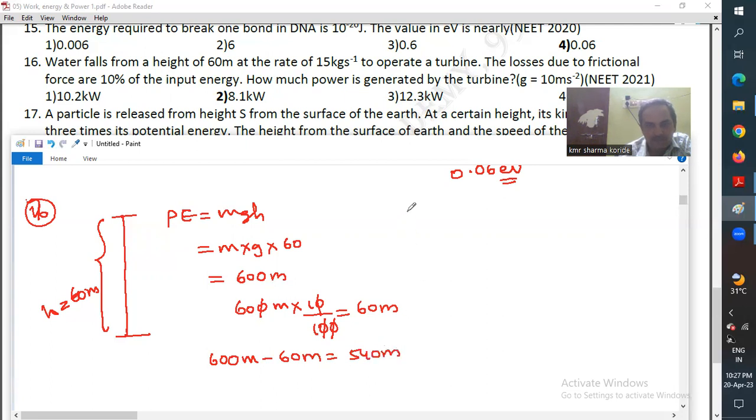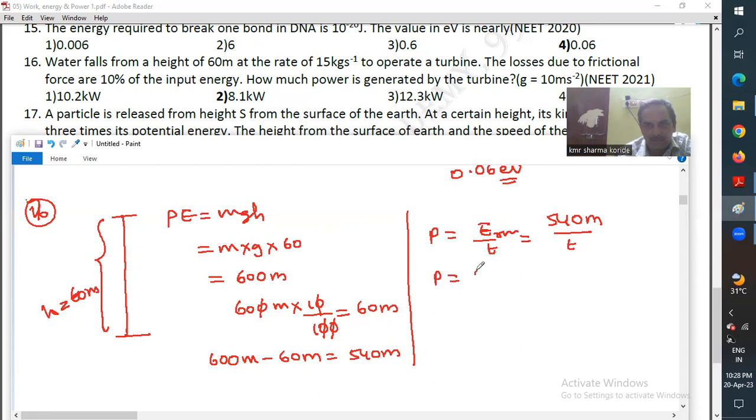Here m is the mass of the body. The question is to find power. Power is equal to energy by time. Energy remaining is 540 m divided by time. m by t is given as 15 kg per second.